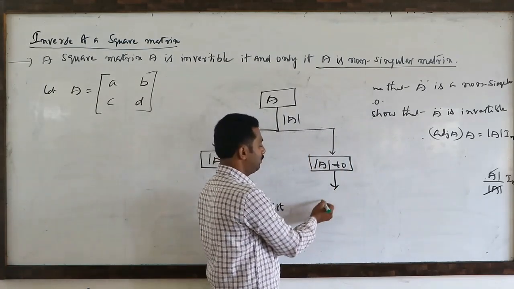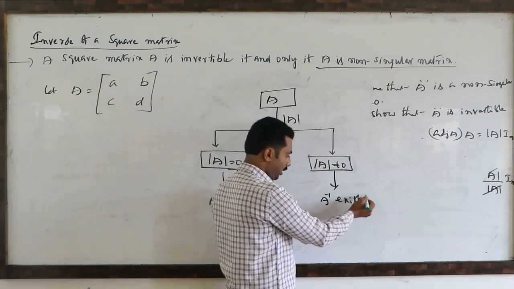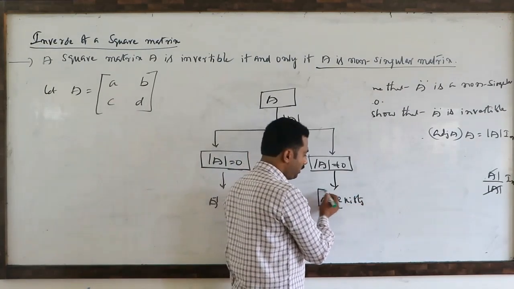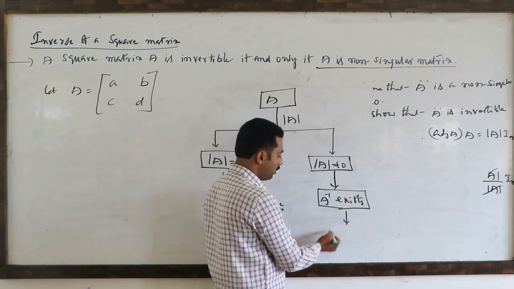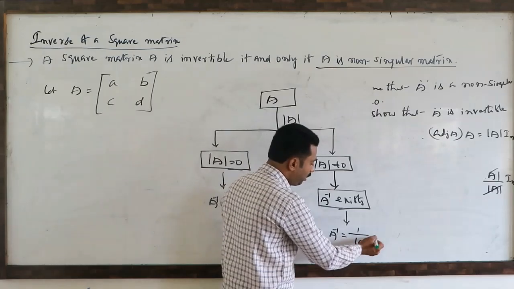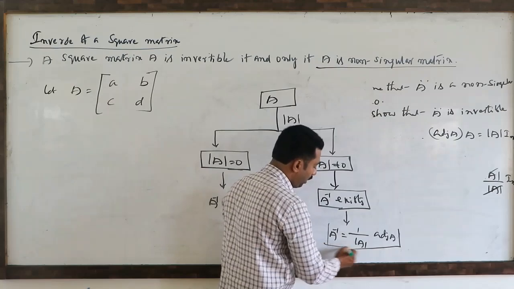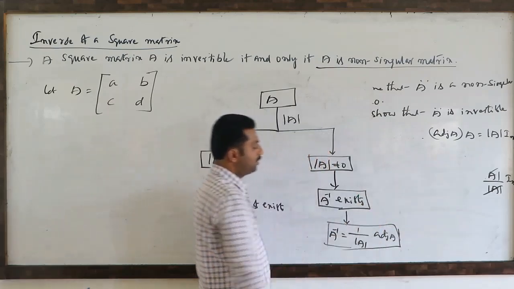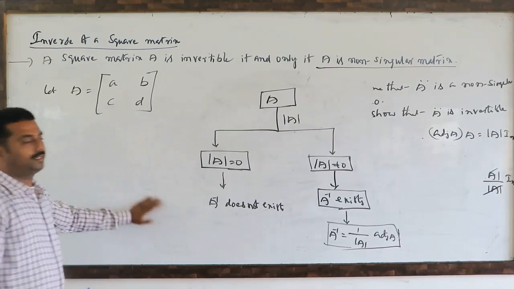Inverse exists. What is that inverse? Nothing but A inverse equal to 1 by determinant of A into adjoint of A. So this is the algorithm to calculate the inverse of a square matrix.